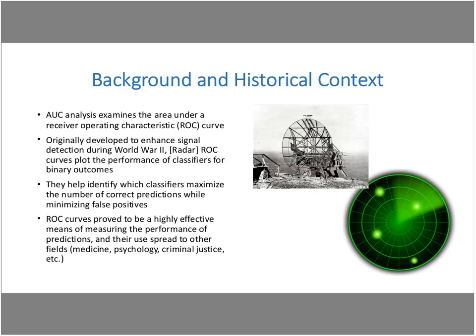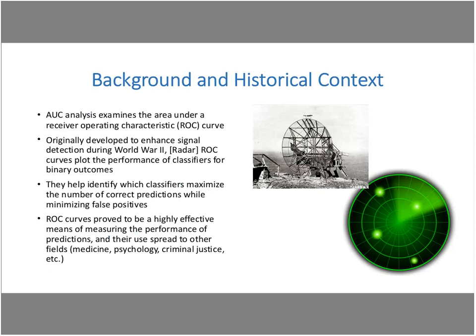To start off with some background and historical context, AUC analysis was first developed in World War II by radar operators. So ROC originally stands for radar receiver operating characteristic curve. What they were interested in was figuring out a way to maximize the performance of radar. They wanted to maximize the number of correct predictions, in other words the true positives, so that they would spot every enemy aircraft that would come in, every attack.